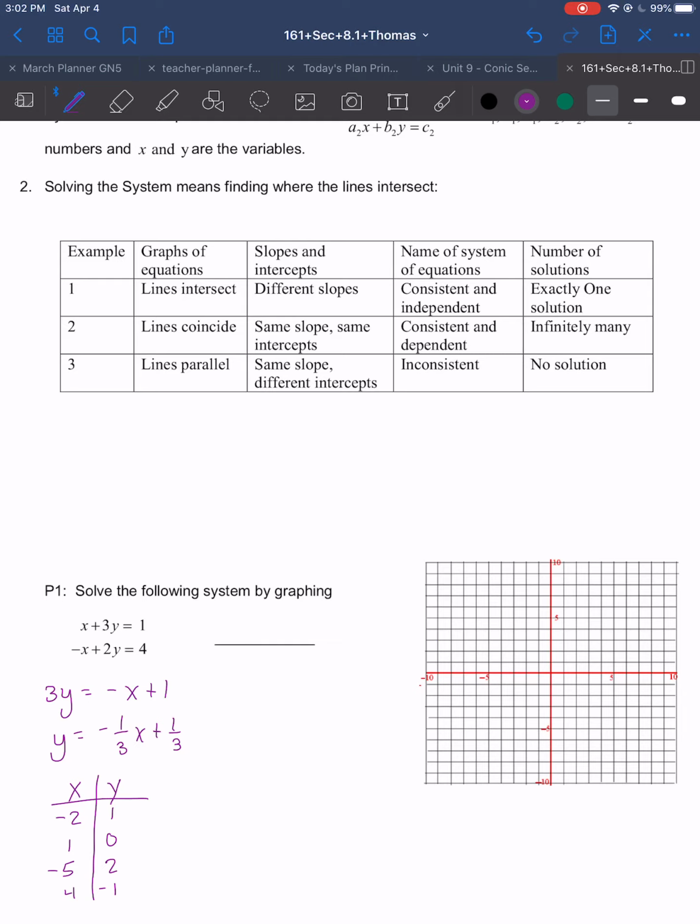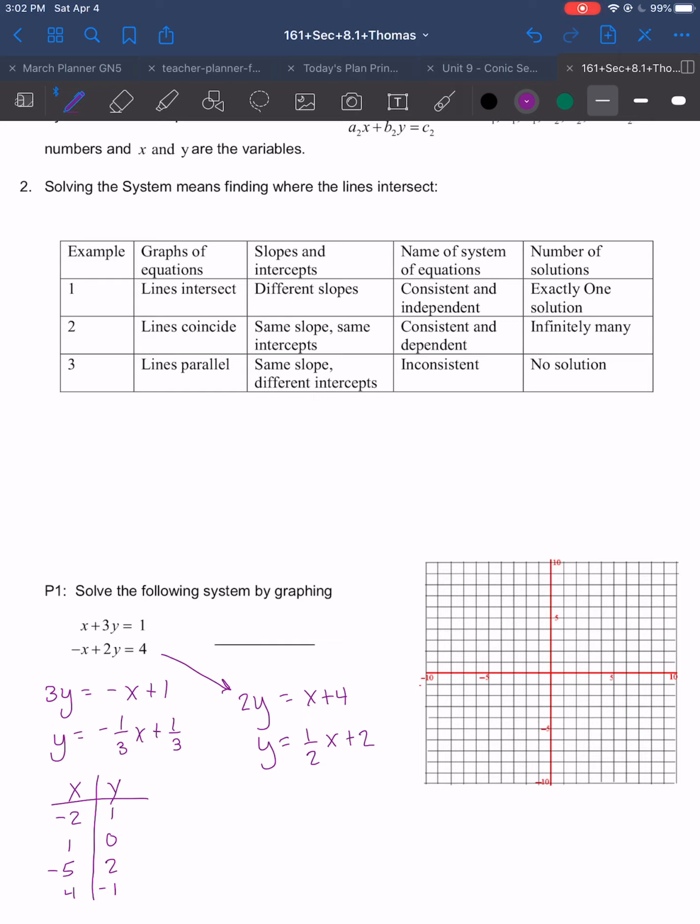And then the next one, this equation here, we're going to solve for y as well. So we're going to have 2y equals x plus 4. So y equals 1/2 x plus 2. I'm not going to make a table for this one because this one's a little bit easier to graph, just because my y-intercept's not a fraction.